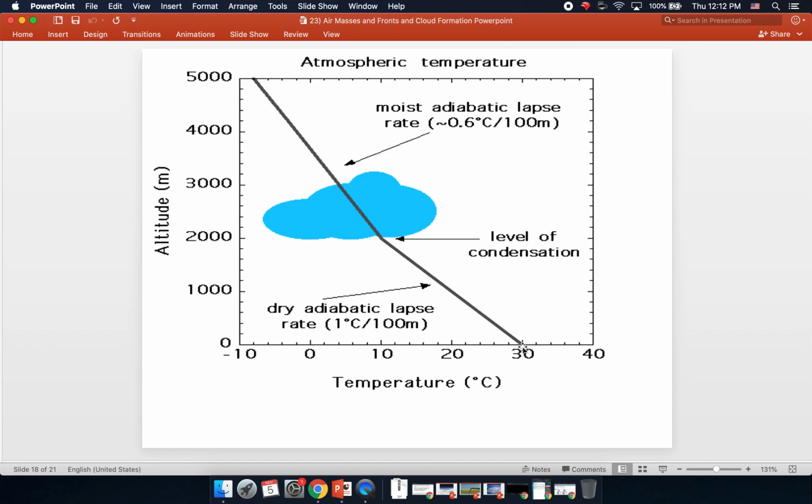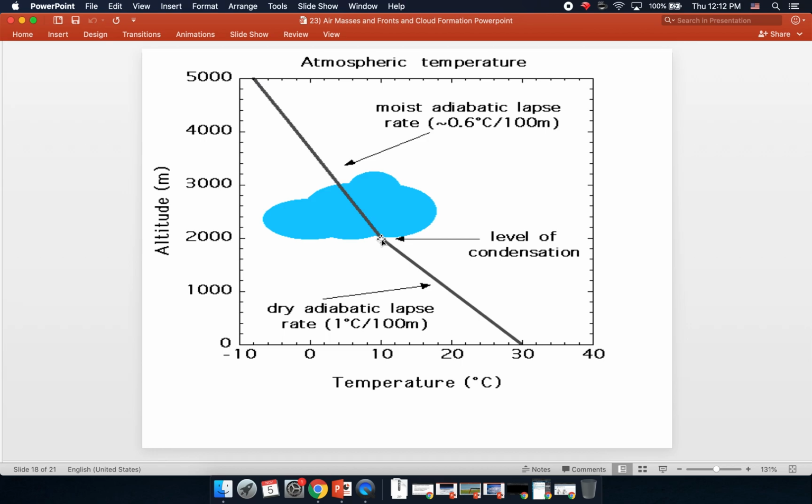All right, this particular air mass went from 30 degrees Celsius down to 20 degrees Celsius. And then from 1,000 meters up to 2,000 meters, it decreased by another 10 degrees Celsius. And this just happened to be this particular air mass's lifted condensation level, 2,000 meters high.